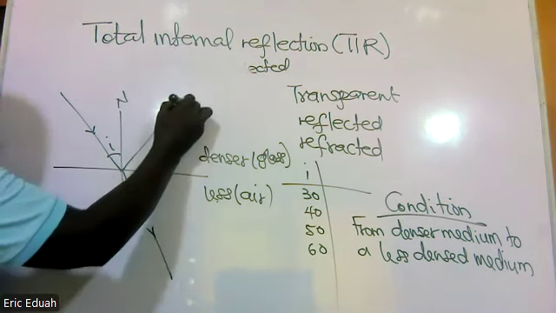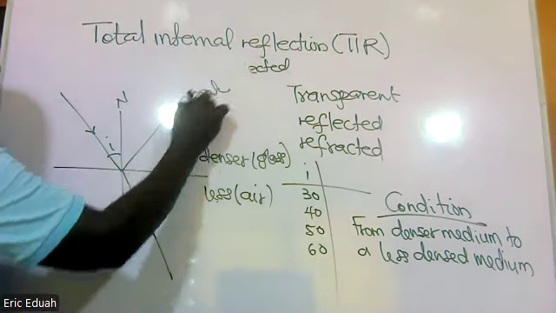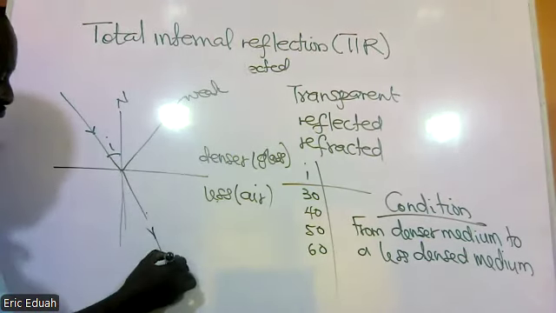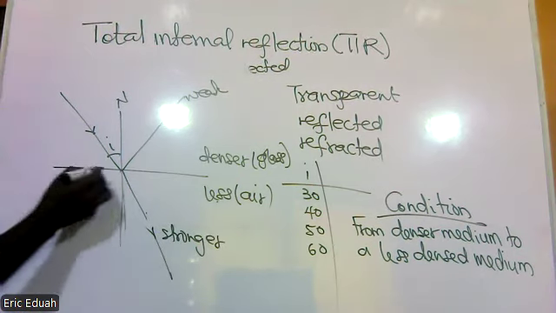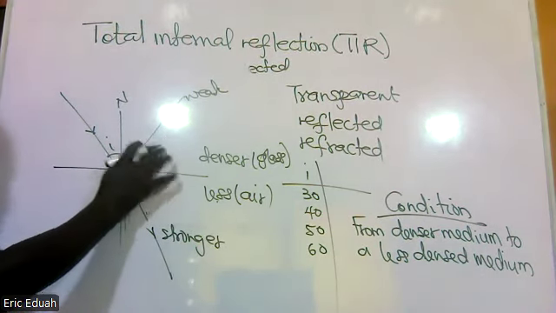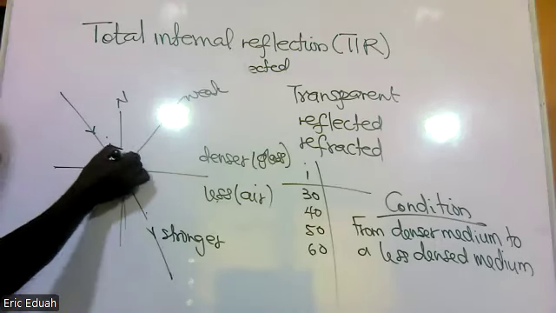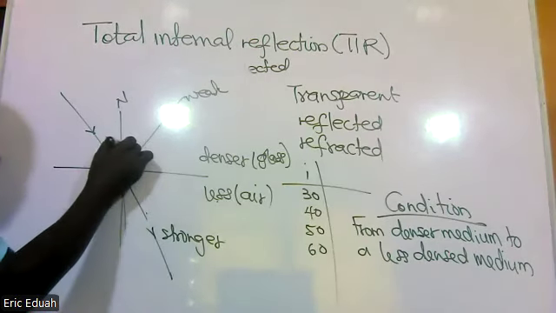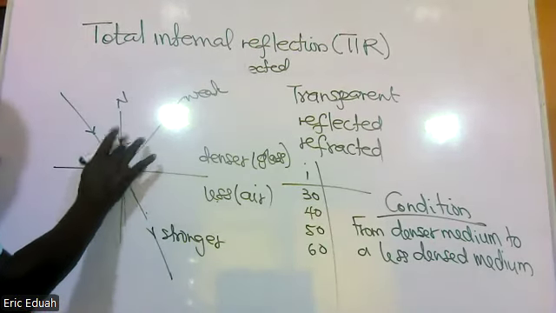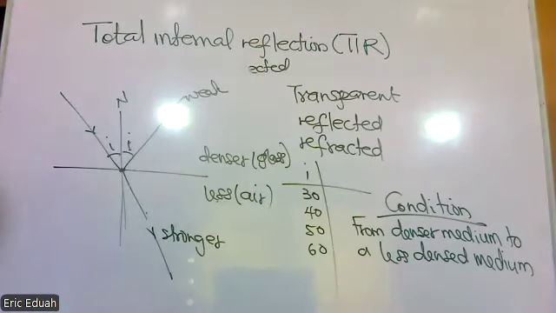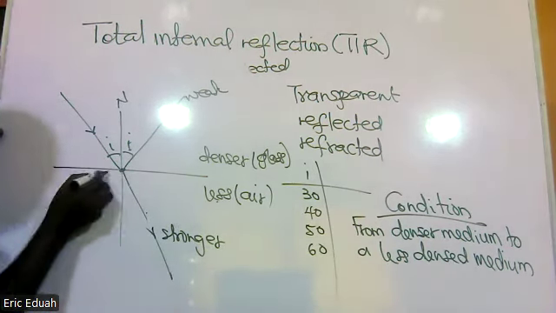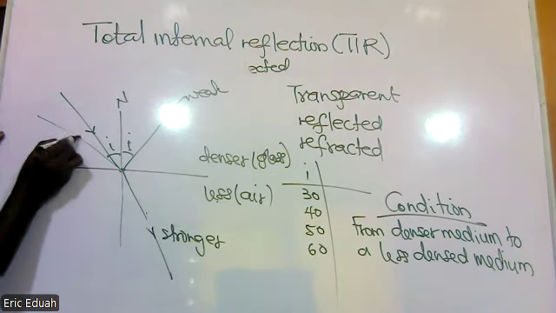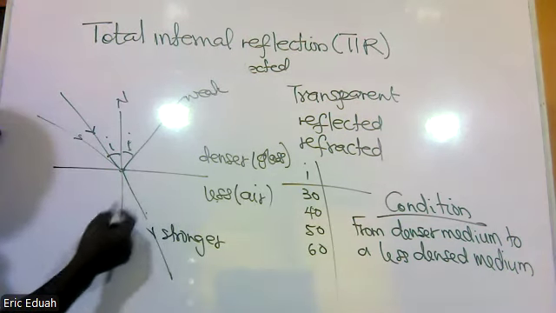The reflected ray is weak in terms of intensity, and this is stronger, because this is a transparent material. Still, I is equal to R. It obeys the laws of reflection. Now, as we increase the angle of incidence, maybe 30, then we increase it to 40, 50.